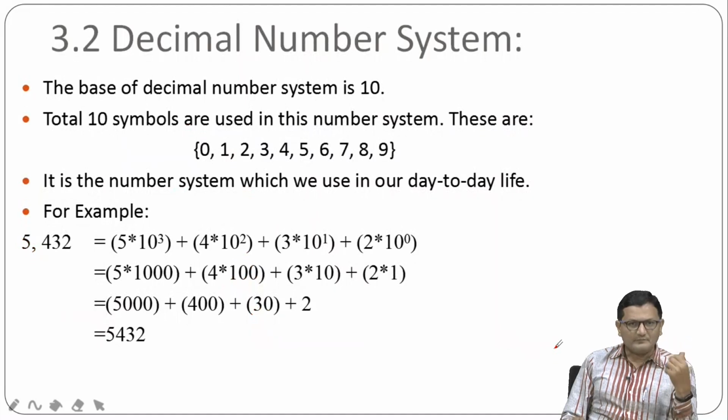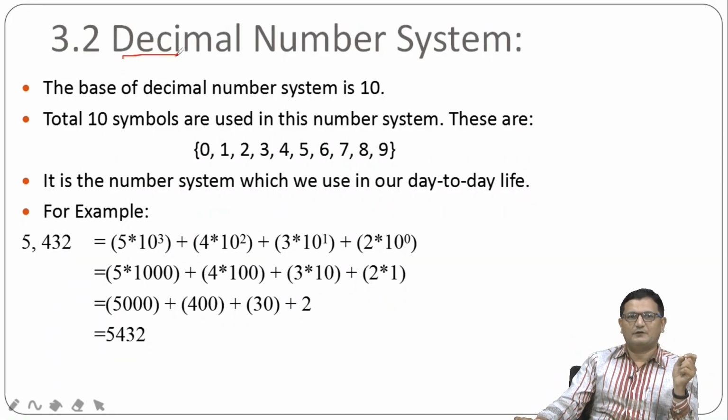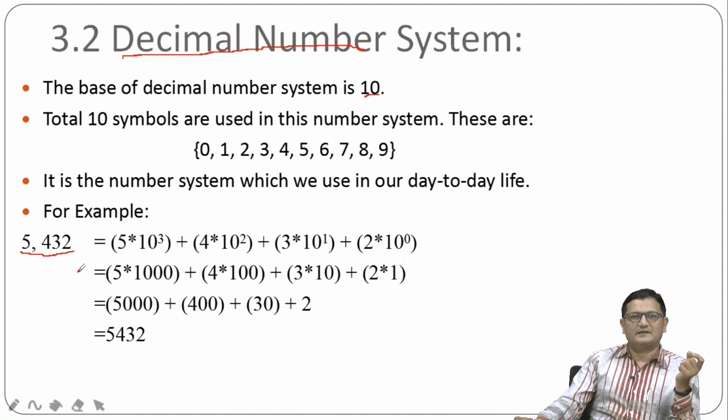Okay, we will see the numbering systems one by one in detail. As we have discussed, in the decimal number system we can use 10 symbols, and these 10 symbols are 0 to 9, right? Suppose you are writing this type of number, which in our daily life we are using, like 5432, right?